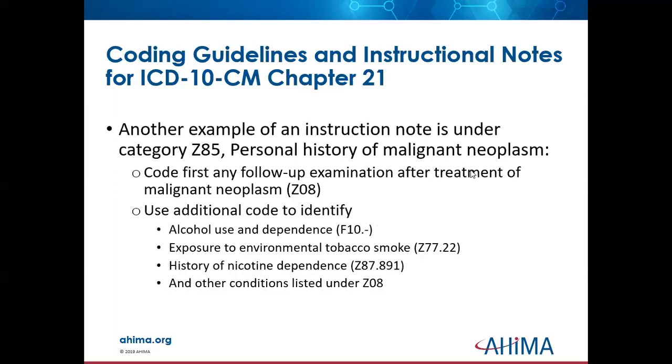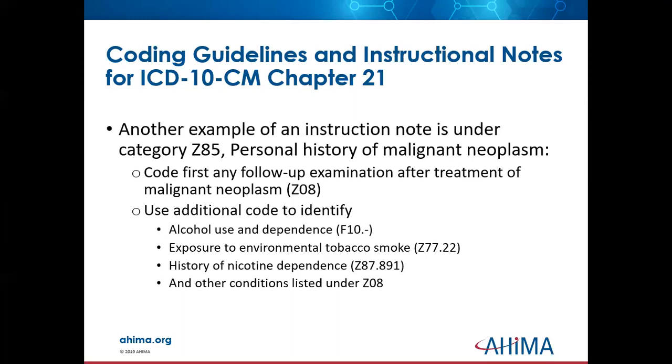Another example is Z85, personal history of malignant neoplasm, right? And this is an important one to get around because there's a difference in reimbursement, whether it's on most fee schedules in a fee for service setting or the HCC reimbursement, definitely differences between personal history of malignant neoplasm and active cancer.